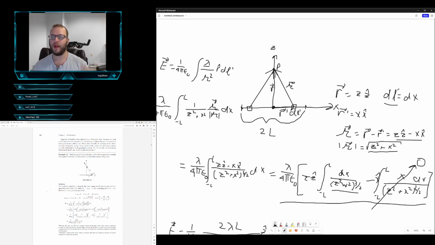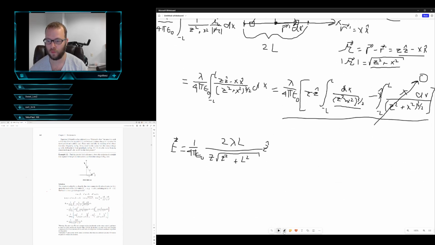So we have matching components in the x direction. So whatever component in the x direction we have has an opposite component in the opposite direction. So only thing that matters is the z component, which is exactly what we see here.